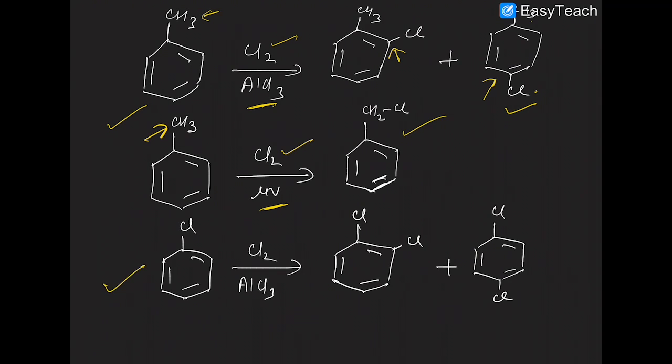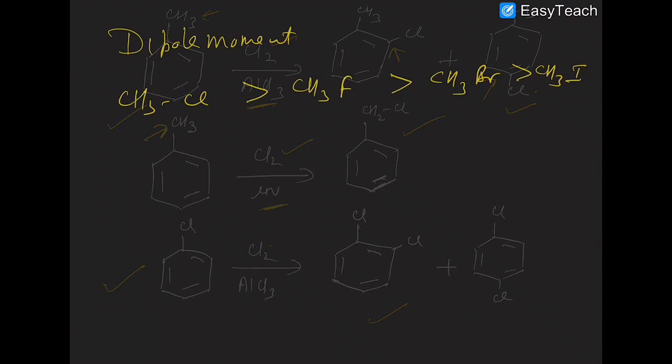Similarly, if you have formation of chlorobenzene and you react it with chlorine, being of deactivating nature, the reaction becomes slow. But despite the slowness, the reaction does take place, and you have the formation of 1,2-dichloro and 1,4-dichlorobenzene. These two products are formed, but the rate of formation is very slow due to the deactivating nature of the chlorine.